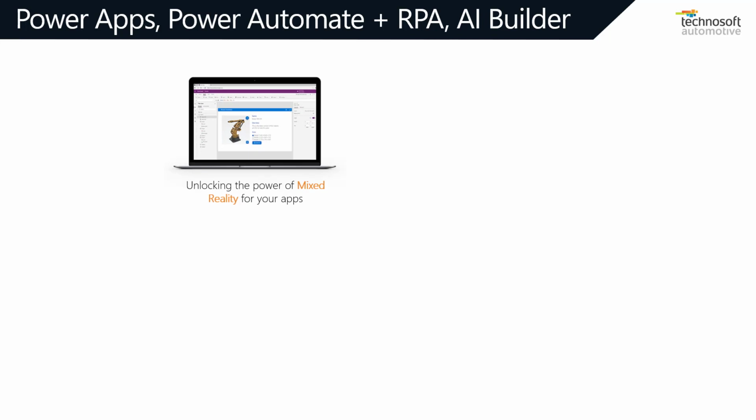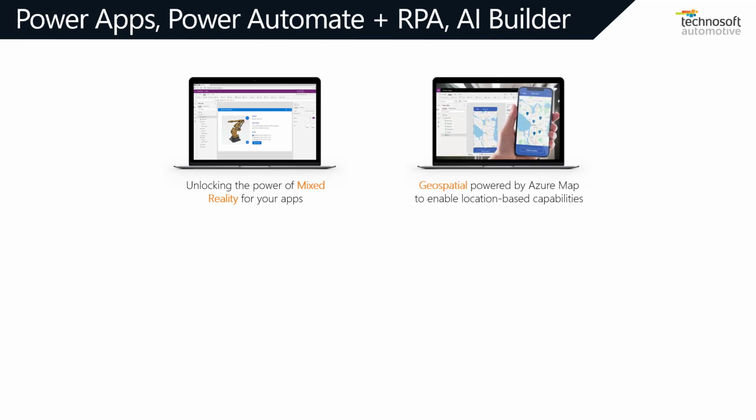With hundreds of millions of augmented reality capable mobile devices in the hands of business users, every application maker will be able to leverage the power of mixed reality to extend their Power Apps. With this new capability, app makers can start to digitize workflows in the physical space in new and innovative ways using the tools that they are already familiar with.